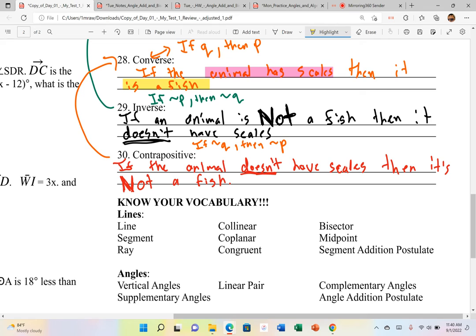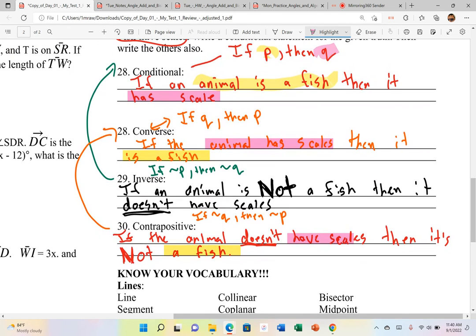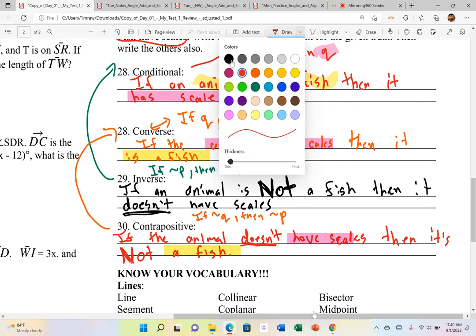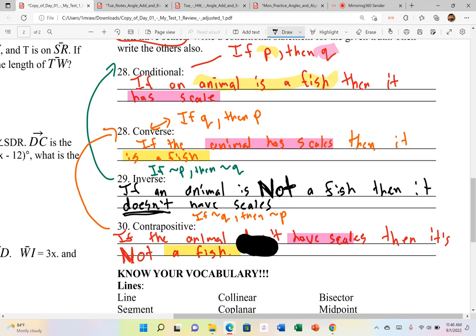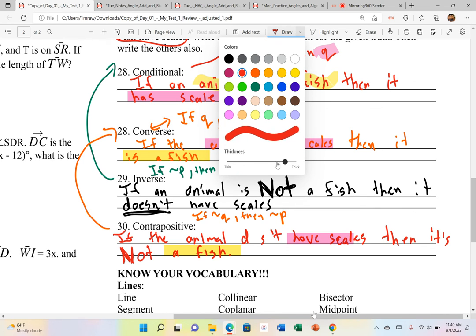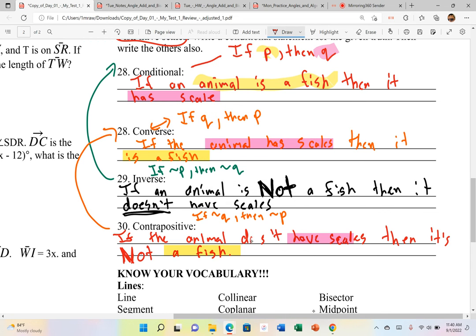Again, switching your hypothesis and your conclusion and the negation. Okay, and then let me go ahead and underline the negations. Oh, God. Of course, I would mess that up.